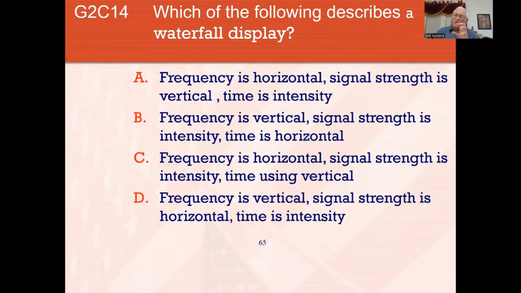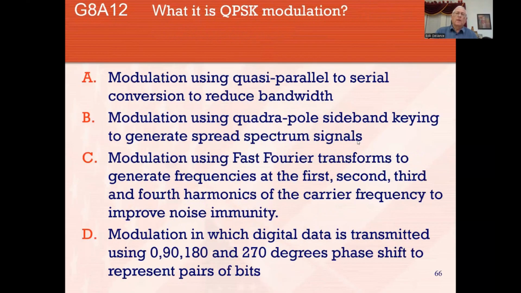The signal strength is indicated by the intensity, how bright the signal is. And then time is indicated vertically up and down as we see the signal come down through the waterfall display. We can track the signal in time. So frequency is horizontal, signal strength is intensity, and time is vertical. Answer is C. I hope that helps.